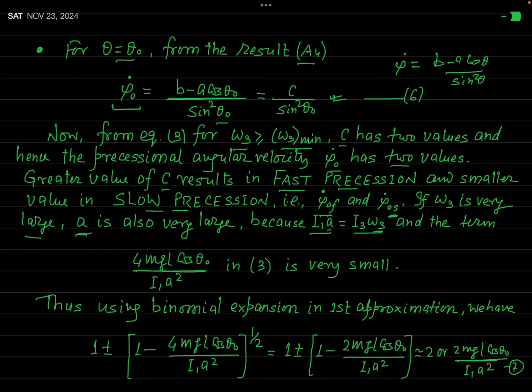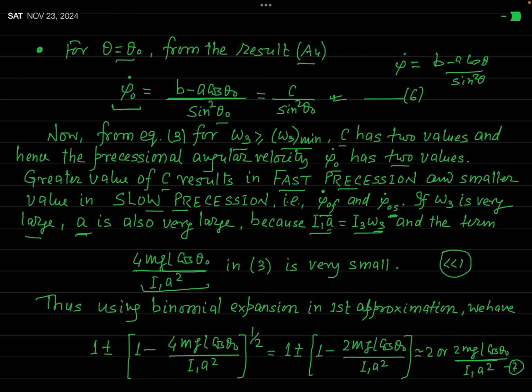And if A is large, then what will be the value of this number, 4 mgl cos theta naught over I1 A square? Since A is large, A square will be much larger, and when you divide 4 mgl cos theta naught by I1 A square, this will be a number much smaller than 1.